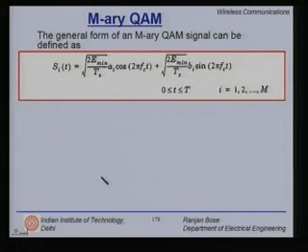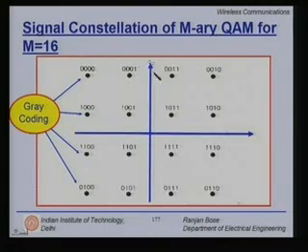So if you go back to the lattice, instead of having 16 points, if I put some off-centered points, then also it is my QAM. Traditionally, we will have 16 QAM, 64 QAM, but it is also possible to find 32 QAM.